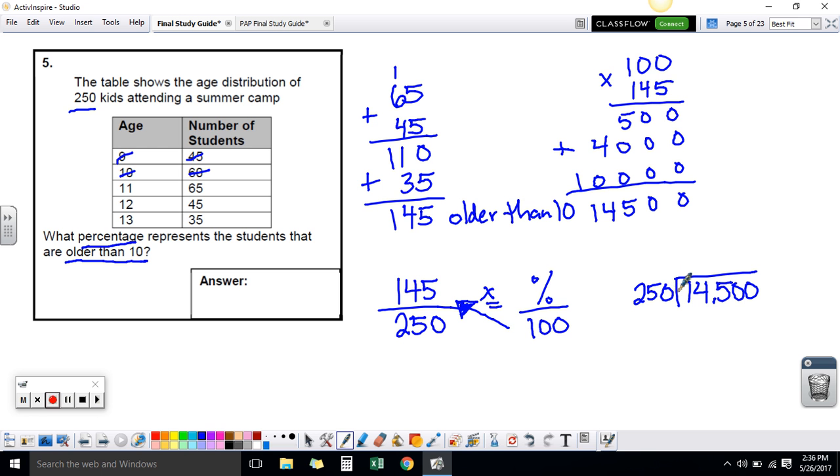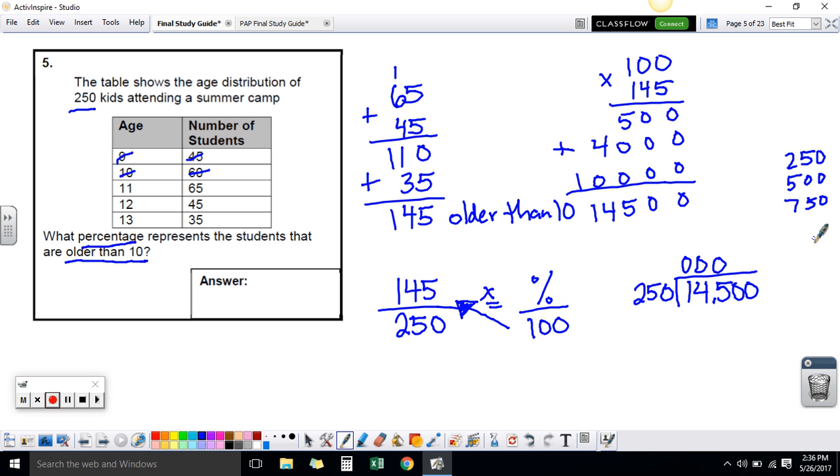Now, will 250 go into 1? Nope. Will 250 go into 14? Nope. Will 250 go into 145? No. Will 250 go into 1,450? Yes. So I know 250 times 1 is 250, 250 times 2 is 500, 250 times 3 is 750.